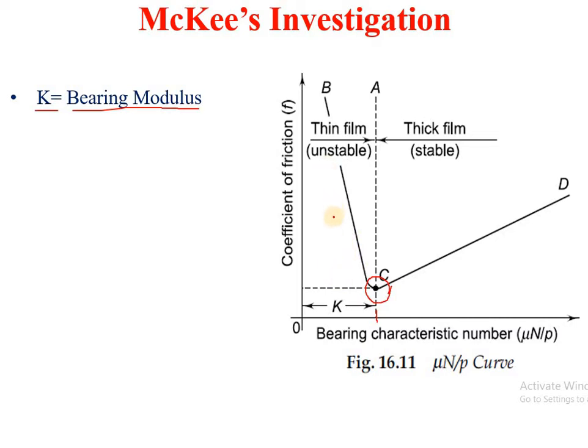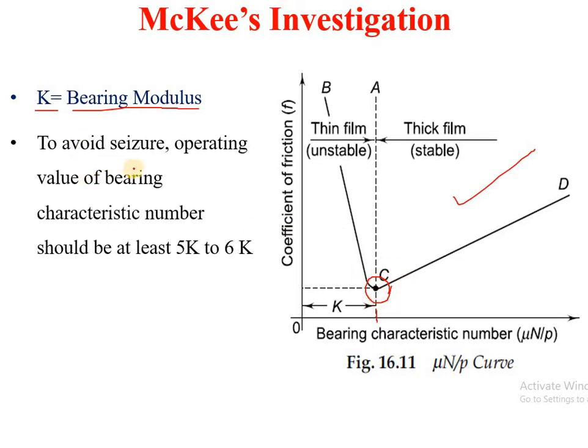It will increase the friction and it will lead to the wear of the bearing surfaces. So the bearing should be operated in this region. So working nearby point C should be avoided. So this is your critical condition.